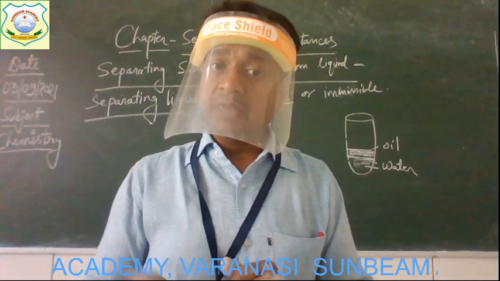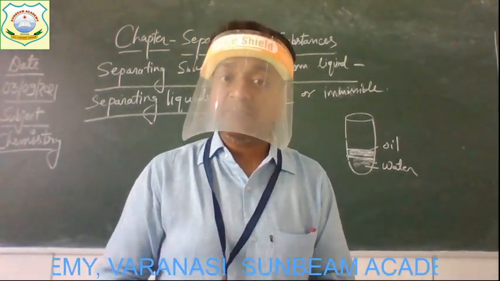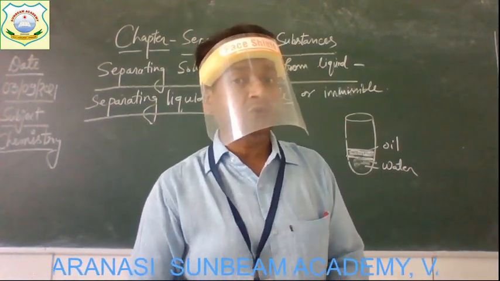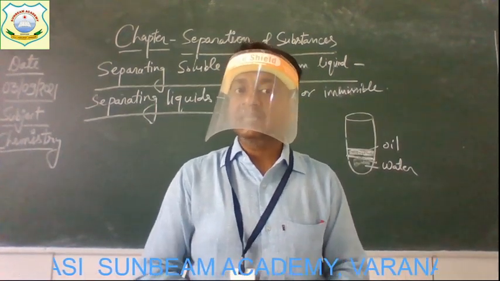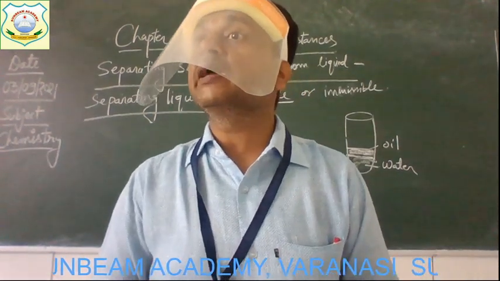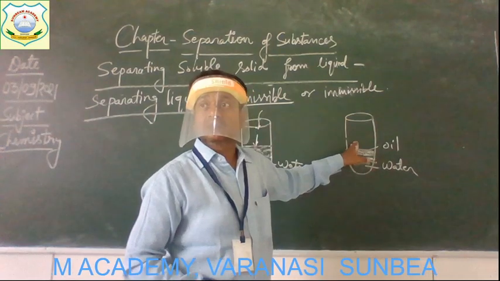Now, oil and water are immiscible, and by carefully tilting the beaker, it is possible to pour out the top layer of oil, and thus decantation can be used to separate these two immiscible liquids. How can we separate them?